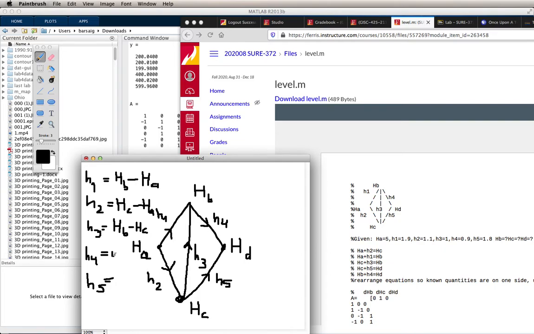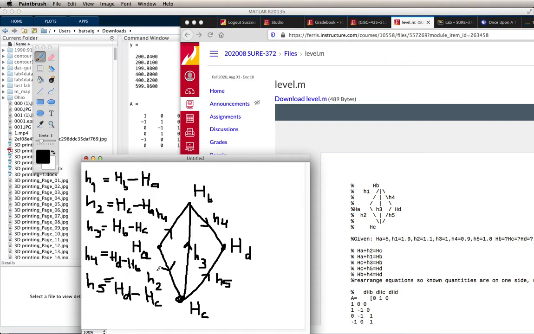H4 is HD minus HB, and H5 is HD minus HC.